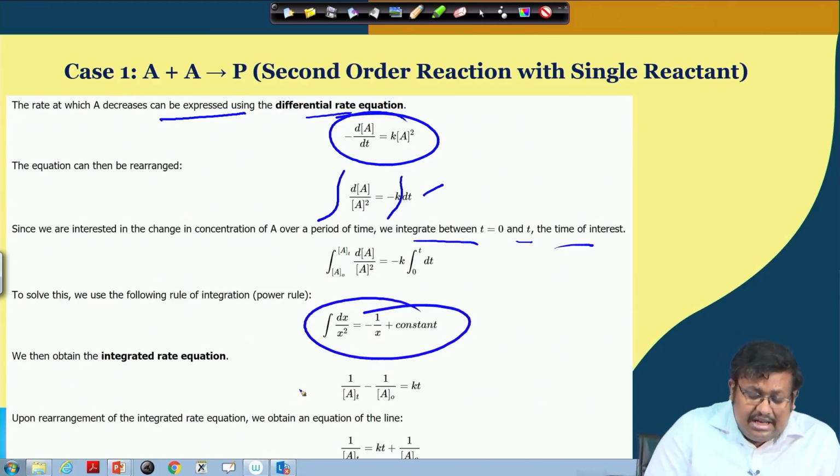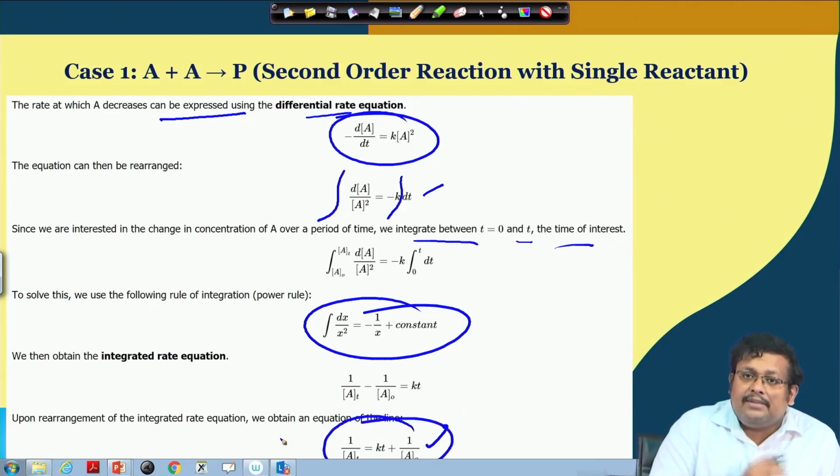Using this formula, the integrated rate equation comes to 1 by AT minus 1 by A0 equal to KT. Upon rearrangement of this integrated equation, you obtain the equation of a line, that is 1 by AT equal to KT plus 1 by A0. This is the one which we saw earlier while showing the plot of the second order reaction.